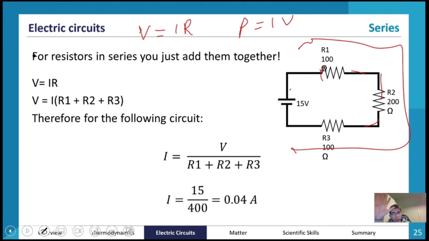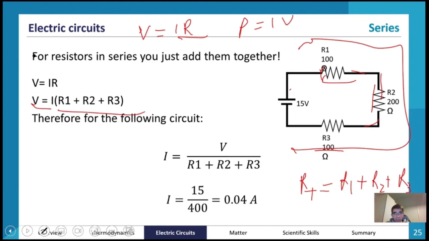The only problem that we have here is how do we calculate the total resistance of the circuit given that we have three resistors. In a series circuit, we add up the resistance. So the total resistance in a series circuit would be the resistance of one resistor plus the second resistor plus the third resistor.